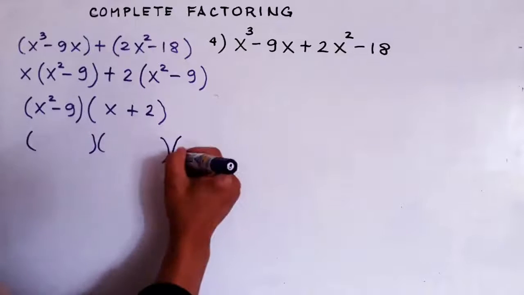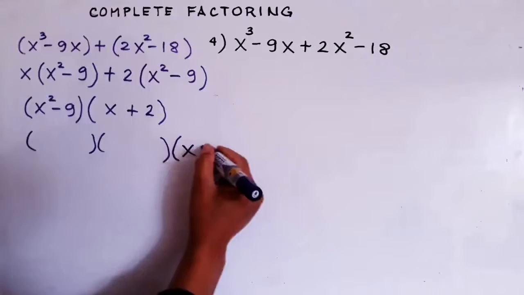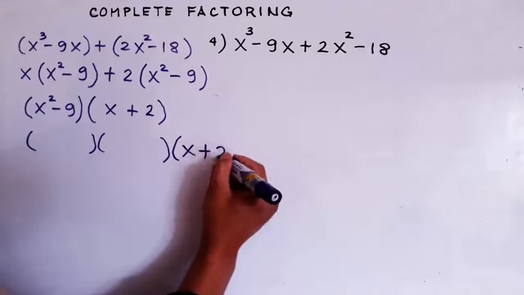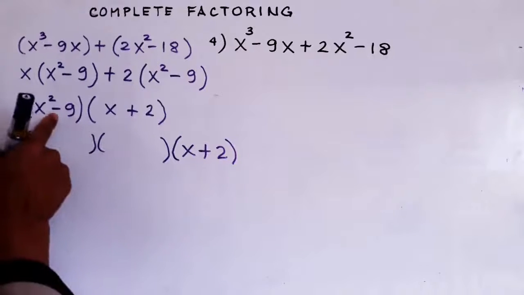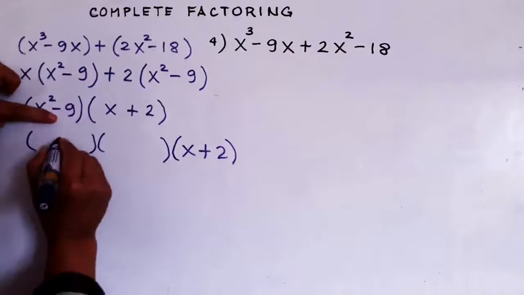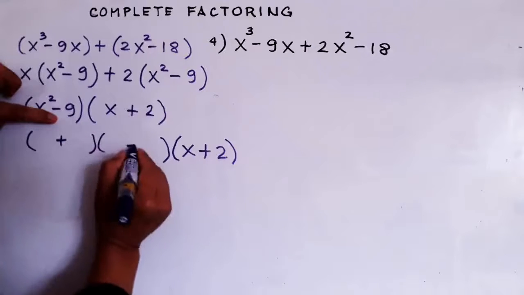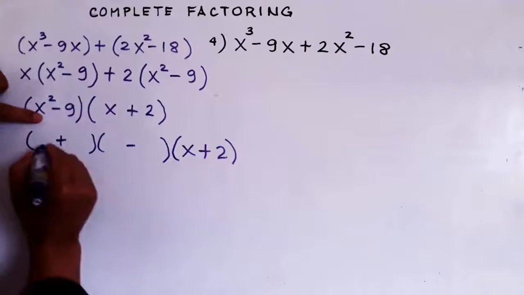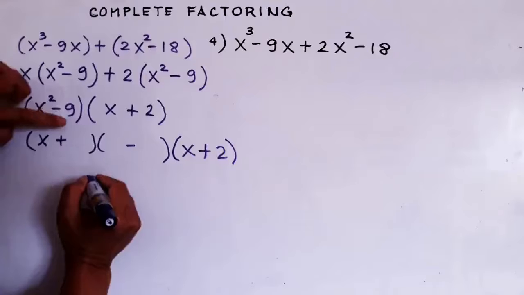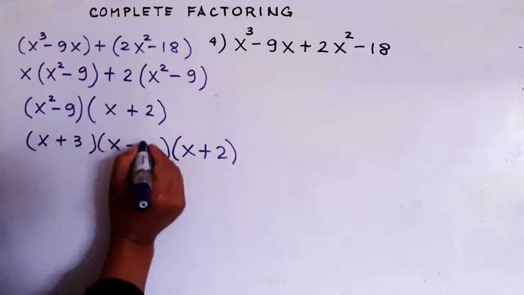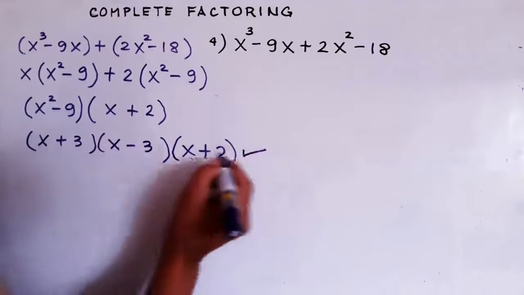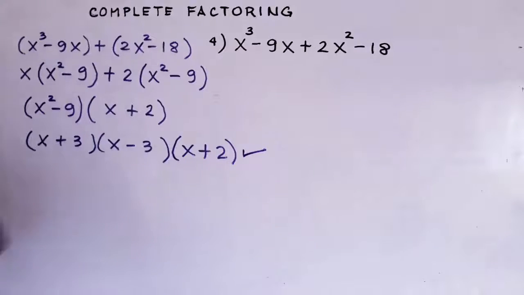We need to include that one also, or else our answer will be wrong. This 2 is for the factor of this one. So we need the plus and the minus. The square root of x squared is x, the square root of 9 is 3, and for this one we just copy, and we have the complete factored form of number 4.